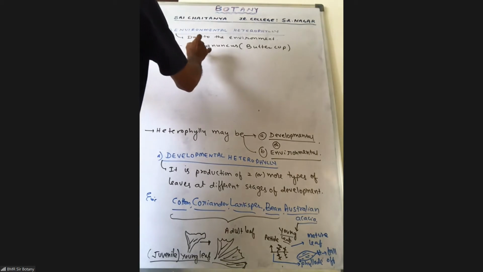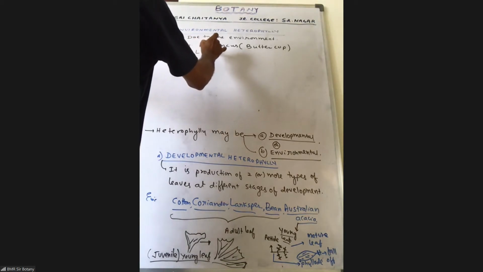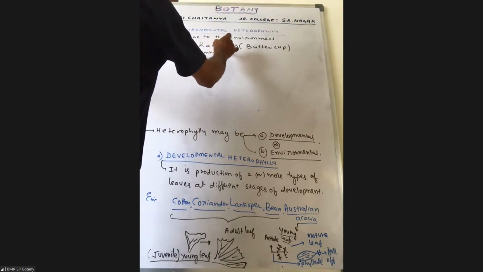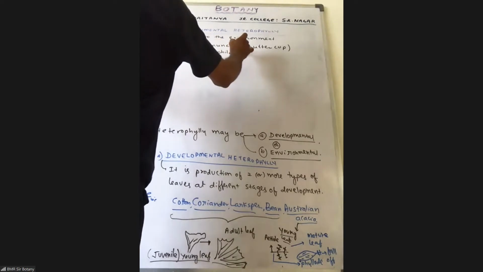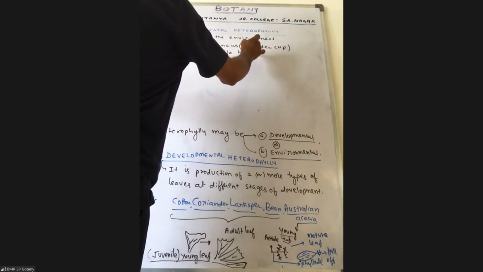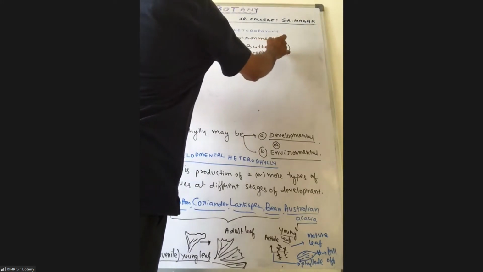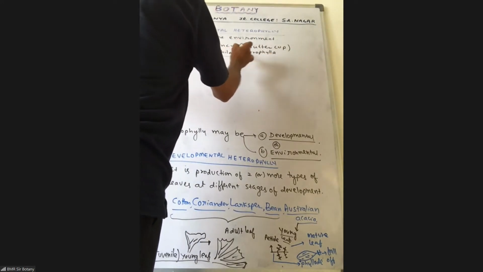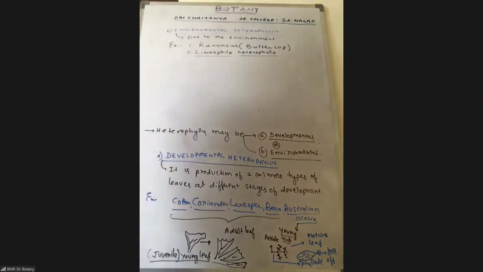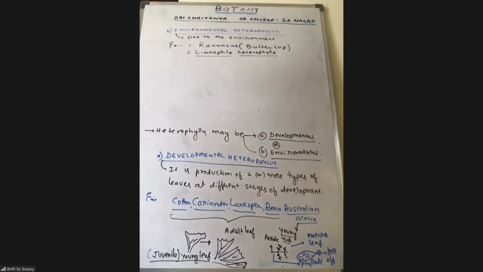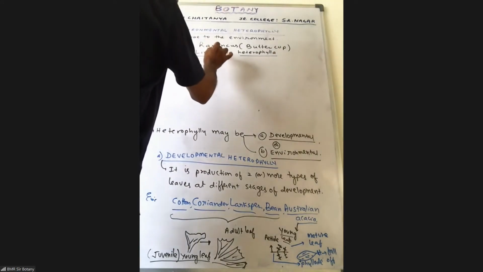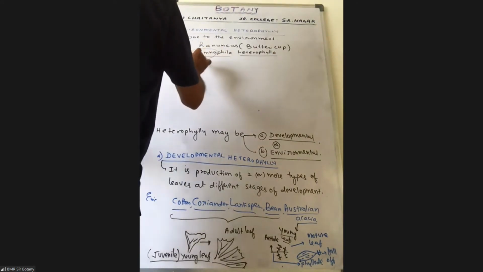Another example is Limnophila heterophylla. Limno means what, Nana? Freshwater ecosystem.